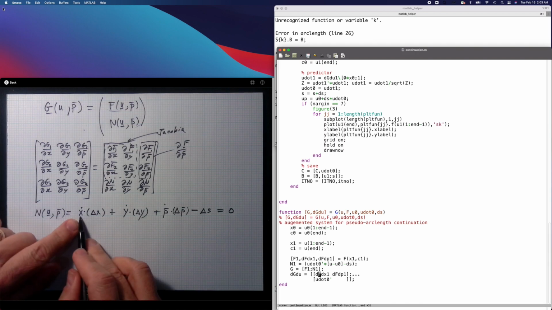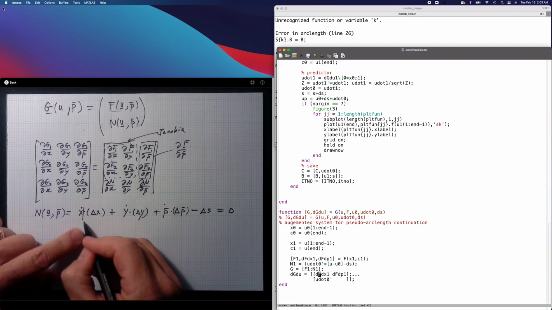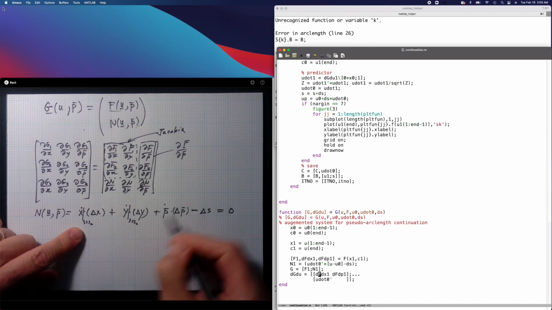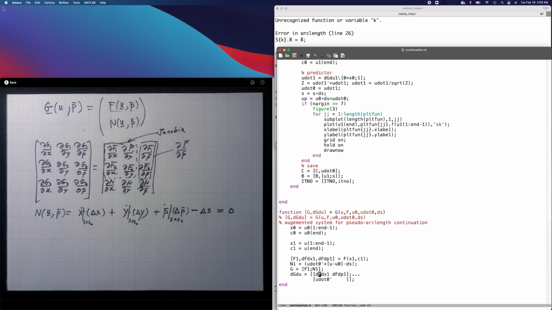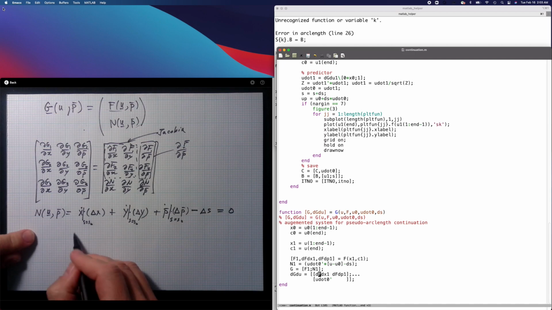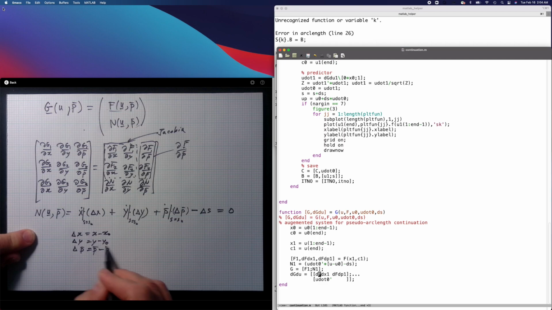These things are all known. These are known from the predictor. This is evaluated at s equals s naught. And so if I take the derivative with respect to x, remember delta x here is x minus x naught, delta y is y minus y naught, and delta p bar is p bar minus p bar naught.